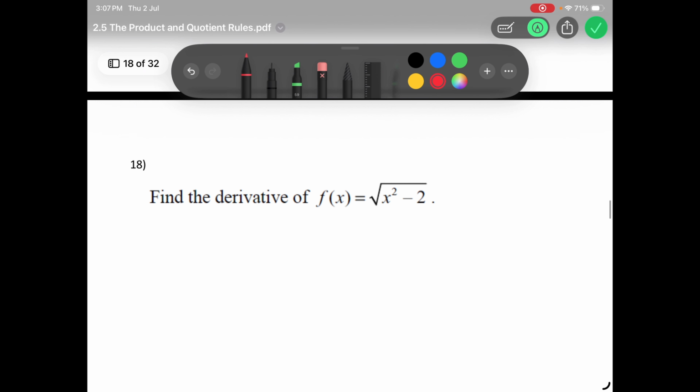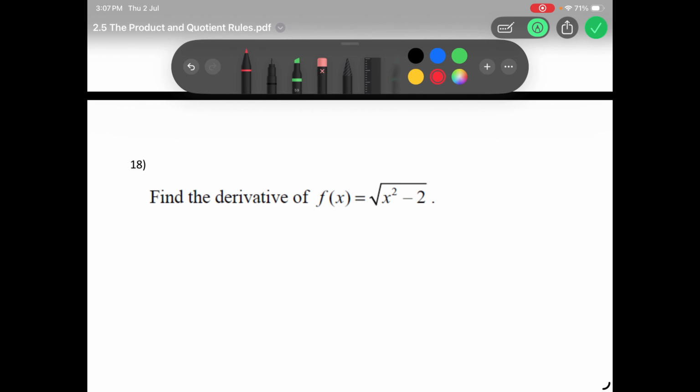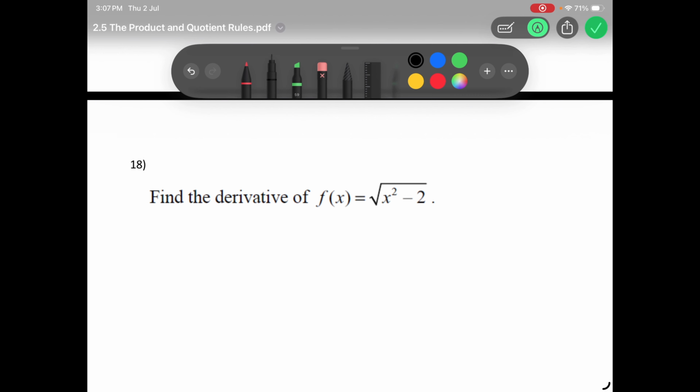Next, this is what I have here, and this is square root. I need you to remember that whatever is beneath the radical is called the radicand. So the derivative here is the derivative of whatever inside divided by 2 times the radical itself. So what is f prime here? f prime of x equals 2x over 2 times the same radical.